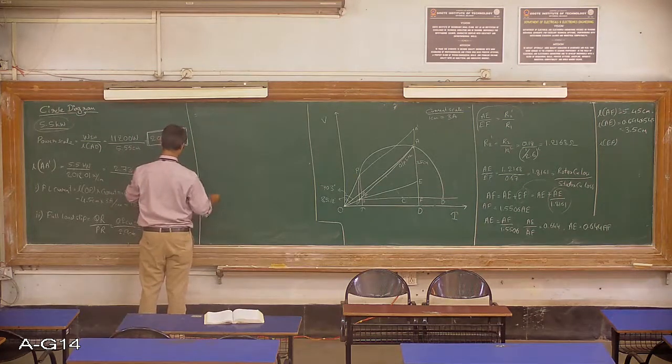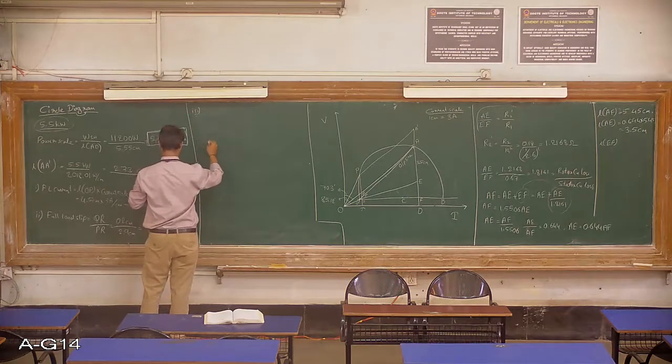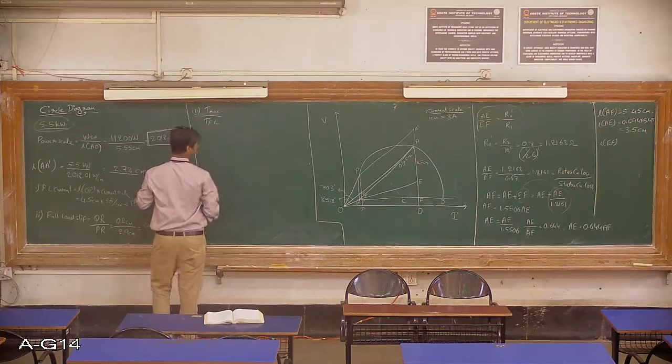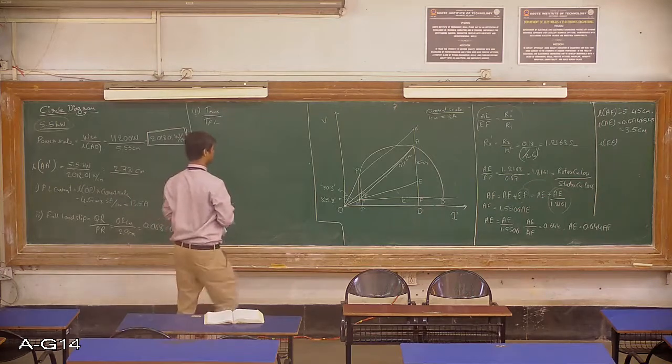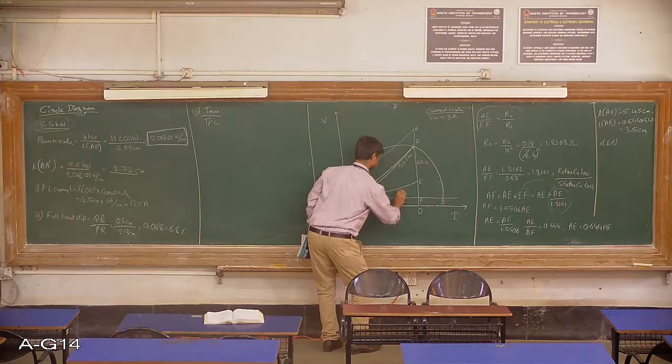is maximum torque to full load torque, T max to TFL. Now to get the maximum torque, this is the torque line.